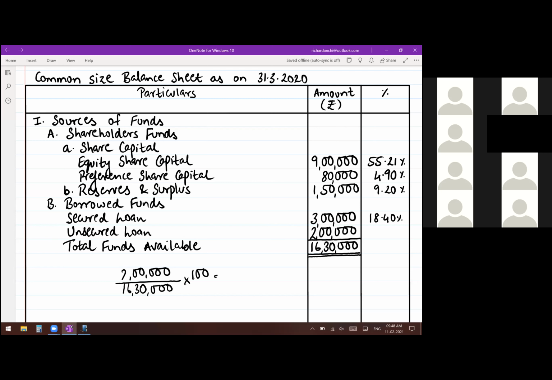And the last item there, unsecured loans. So 2 lakhs divided by 16,30,000 into 100 comes to how much? 12.26 or 27. What is it? It's 12.269. Okay, so 12.27%.